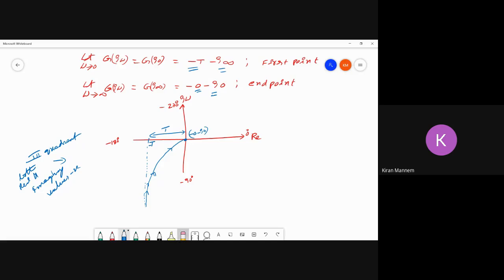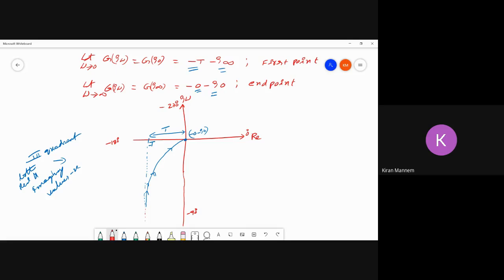So I'll make it clear. It is somewhere like this, right? Somewhere like this. So this is how you can draw the polar plot for the given example number 2.